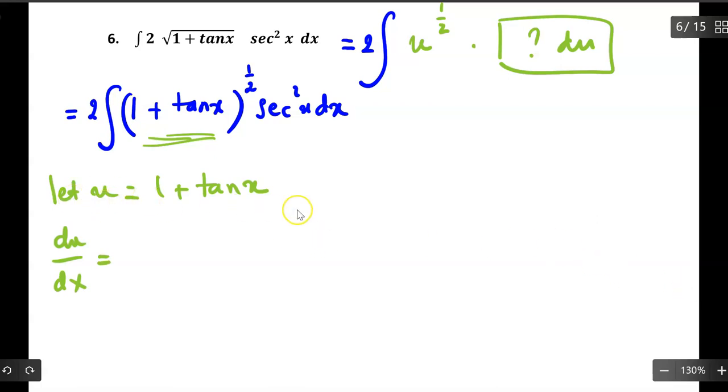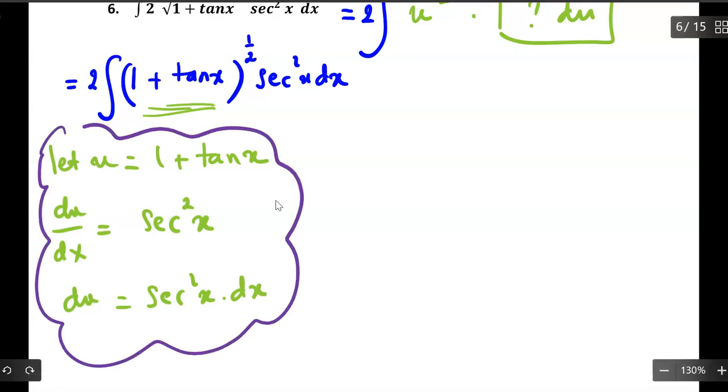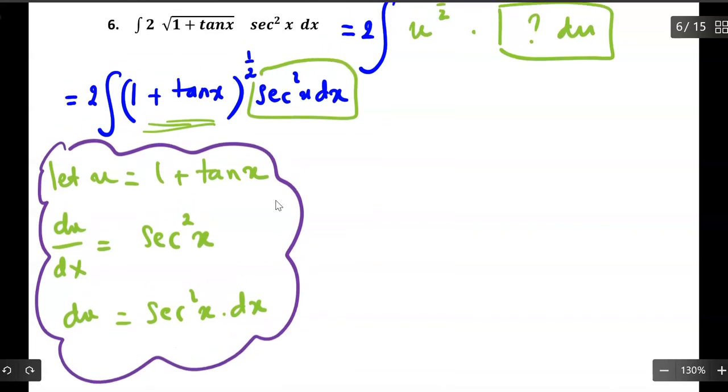The derivative of tangent of x is the secant square of x times the derivative of x. The derivative of x is just 1. So then I will have du equal to secant square of x times dx. Alright, so I'm done. I'm going to circle this, and now I'm going to match this secant square of x dx exactly equal to that.